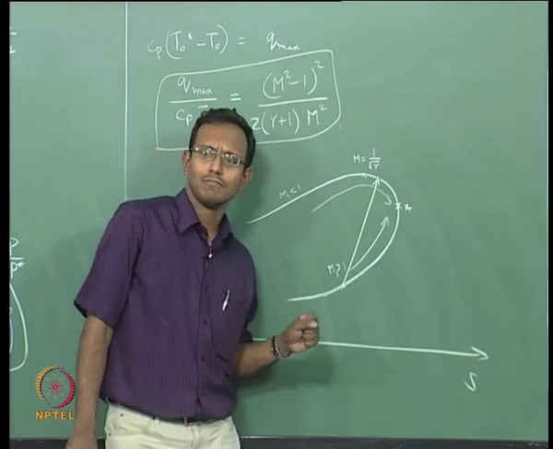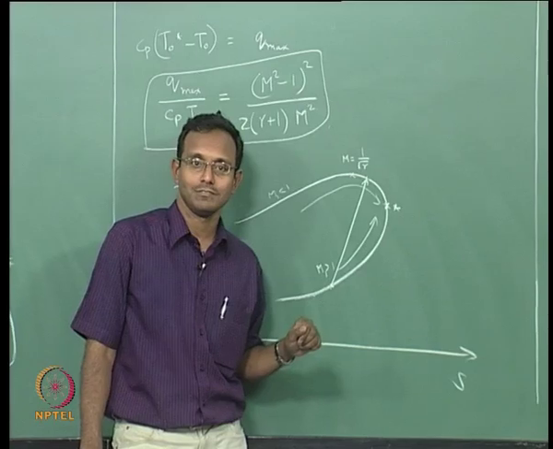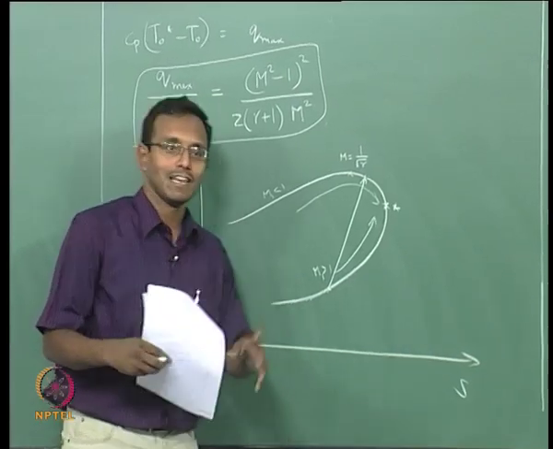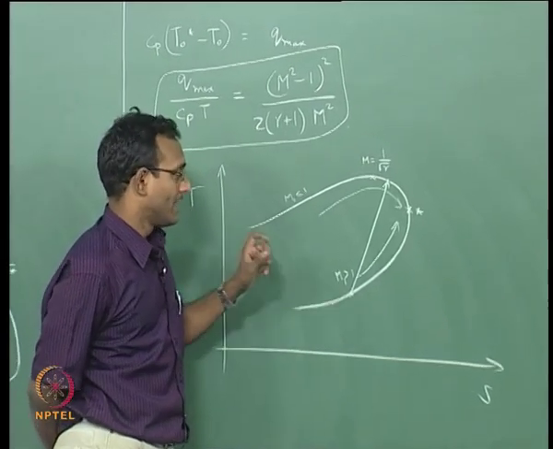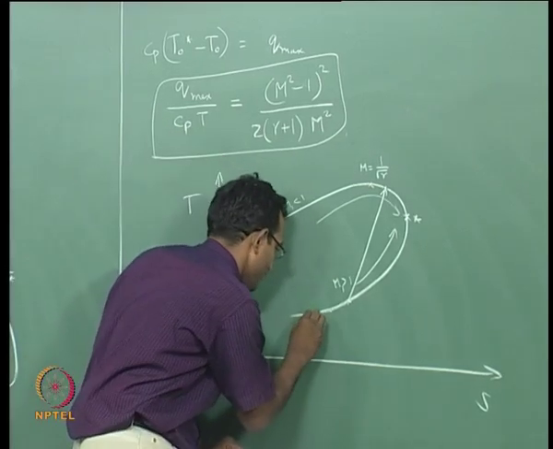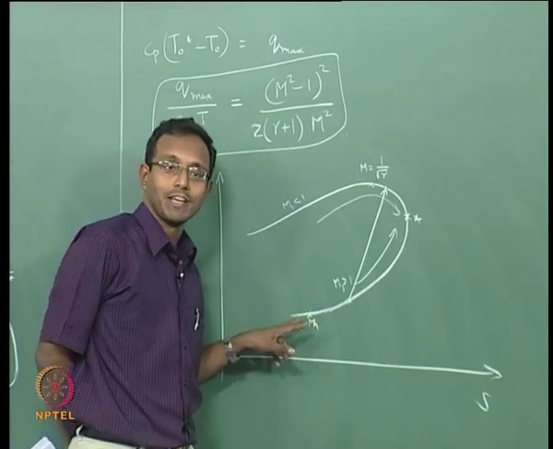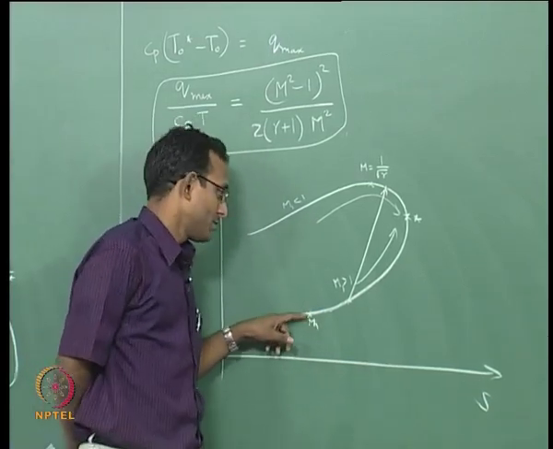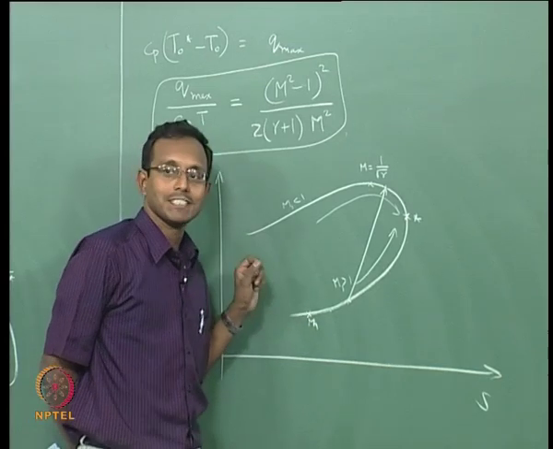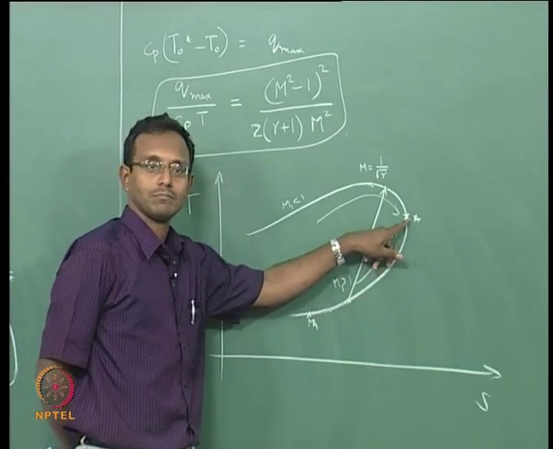Then when will the flow choose to have a shock or not have a shock? Basically, if I give a heat addition from this point, say I started somewhere here, this is my M1, supersonic M1, from here I am going to add exactly the Qmax value, which means the final point should be this.